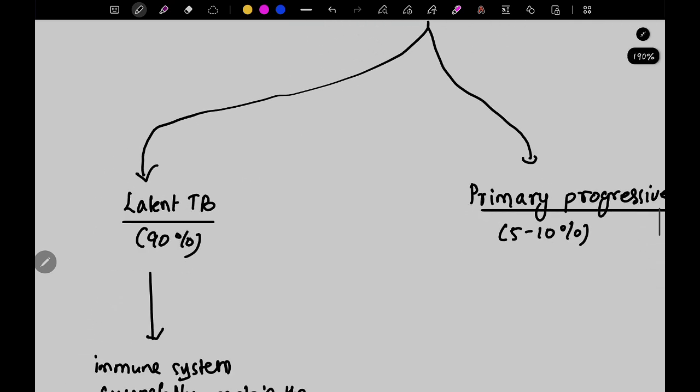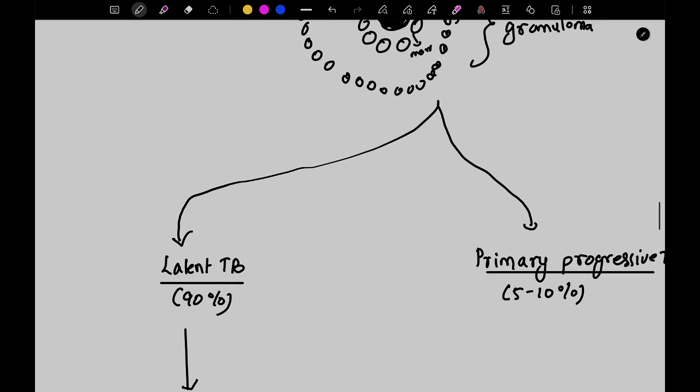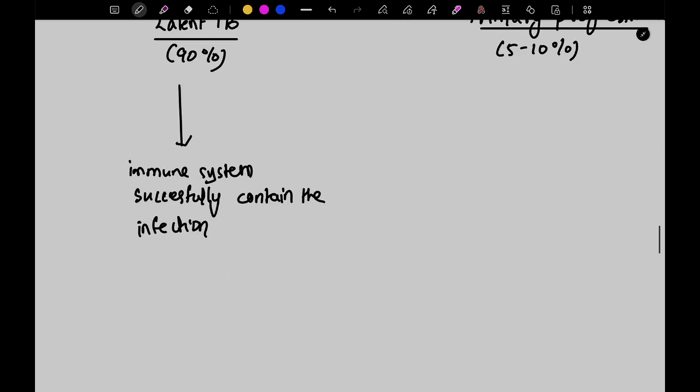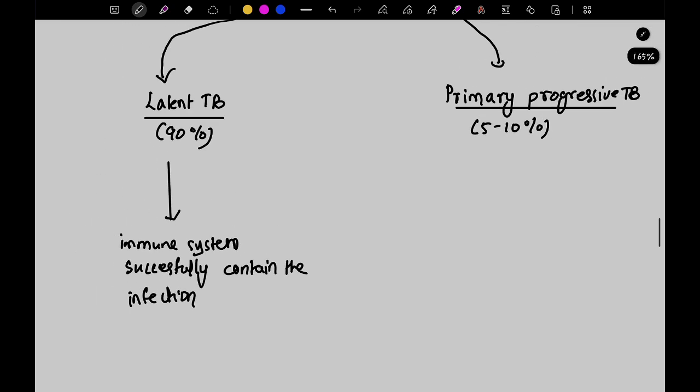These successfully contain the bacteria in the granuloma and prevent dissemination, and the bacteria go into a dormant state in which they are inactive and do not cause any infection.